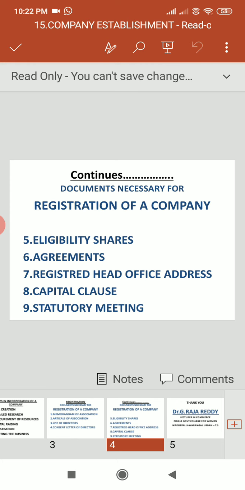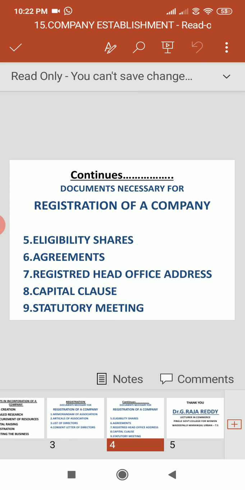Next, eligibility shares. Since there is a lot of competition for the post of directors, companies usually take a qualifying step called eligibility shares.